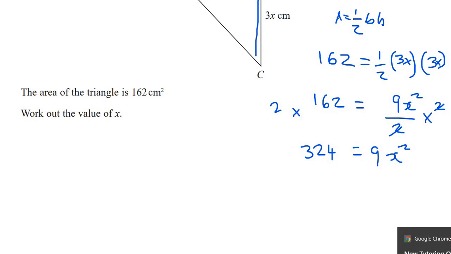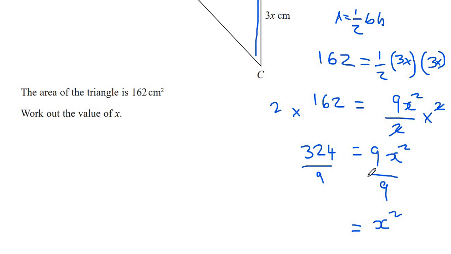And then next, let's divide both sides by 9. And so that will give us how much is 324 divided by 9?